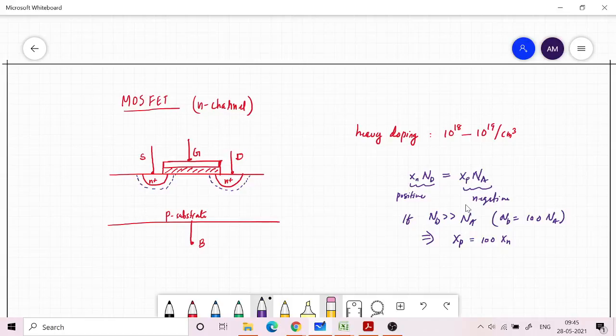So Xp is equal to 100 into Xn. That is why when I draw the depletion region, I will only extend it into this P region. I will not extend it into the N plus region, because in the N plus region the width is going to be so small that it is unnoticeable when you draw to scale. 1/100th of this distance is practically negligible to be shown explicitly. So that is one thing.